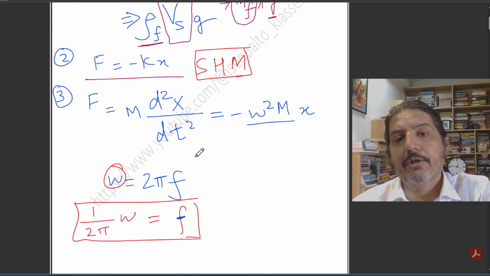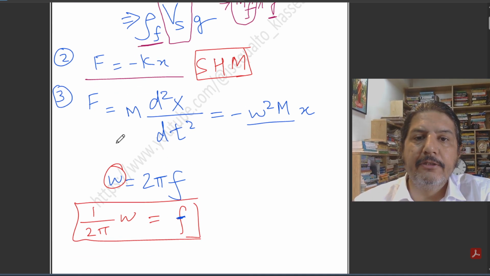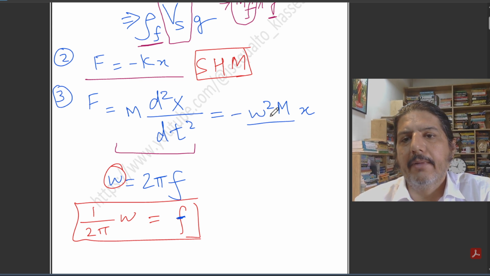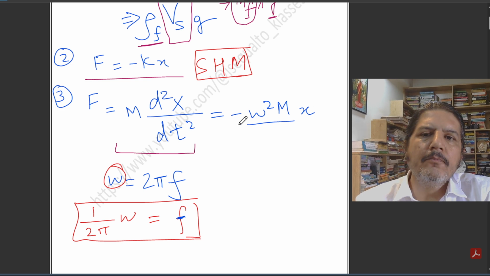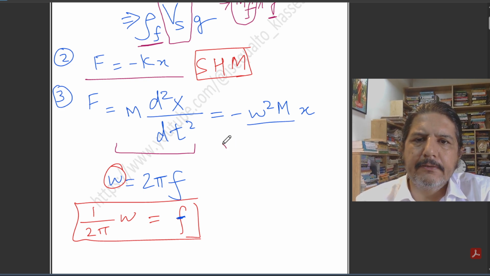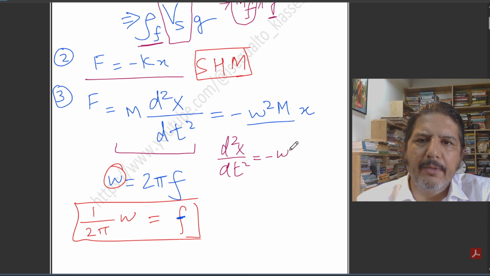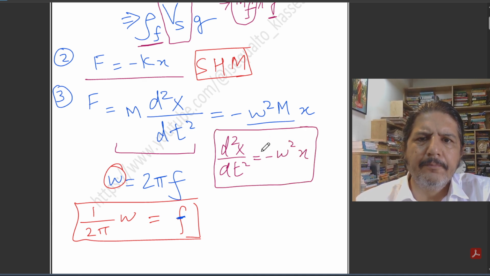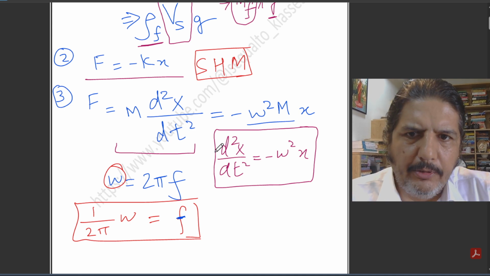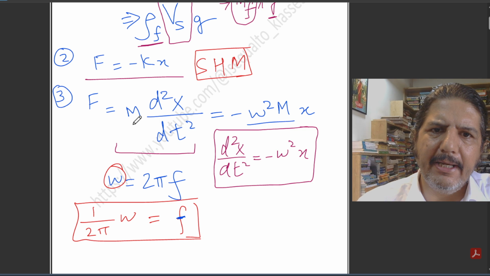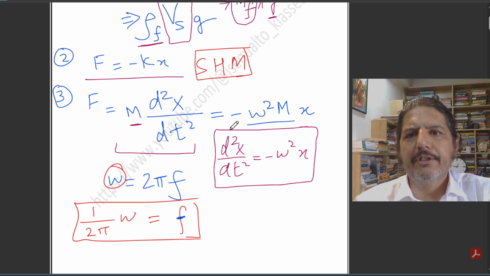Then from SHM, what I'll be using is that m d square x by dt square would be equal to minus omega square mx. Usually you would have seen this equation in the form of d square x by dt square is equal to minus omega square x. What I have done is I have multiplied both sides by m, so that this becomes a force equation.